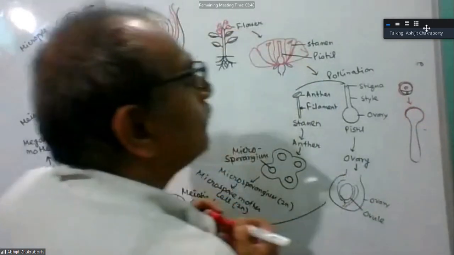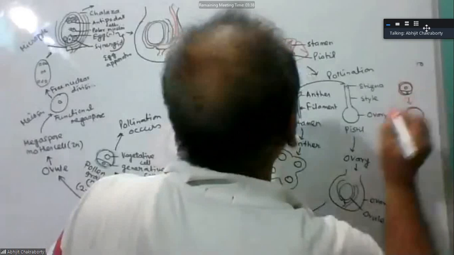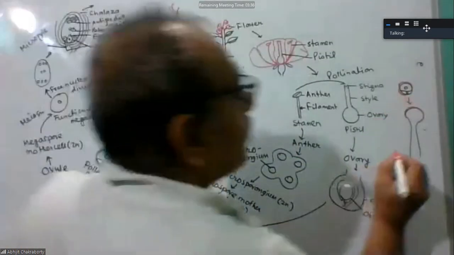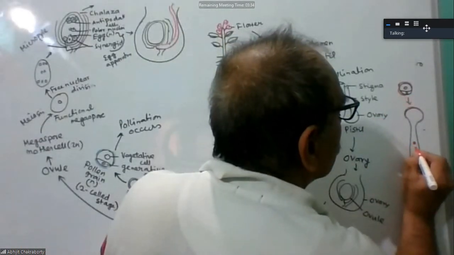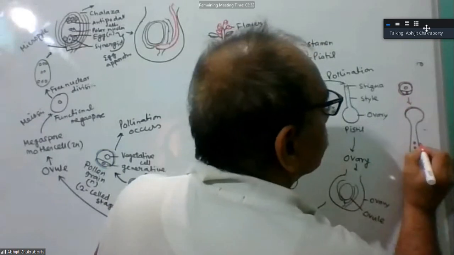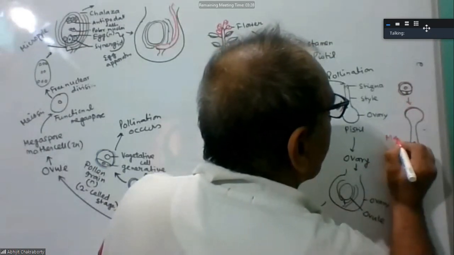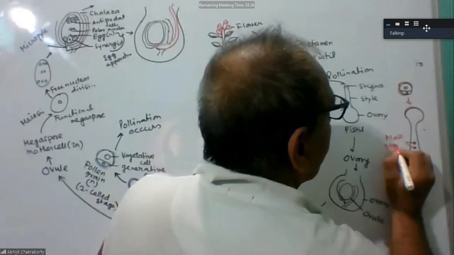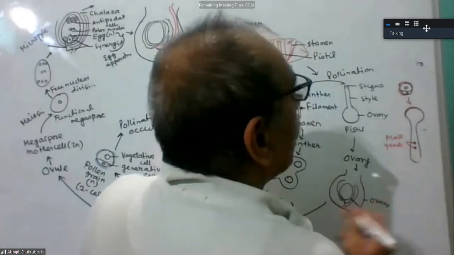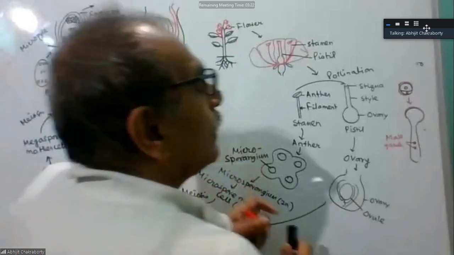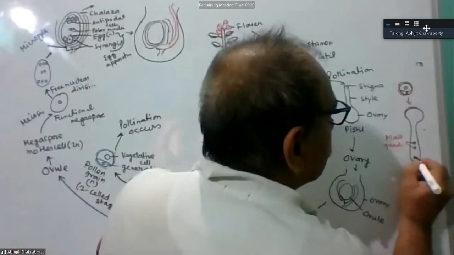In the meantime, the generative cell divides to form two male gametes, and the vegetative cell becomes the degenerating tube nucleus.